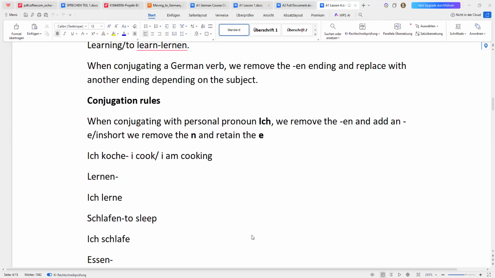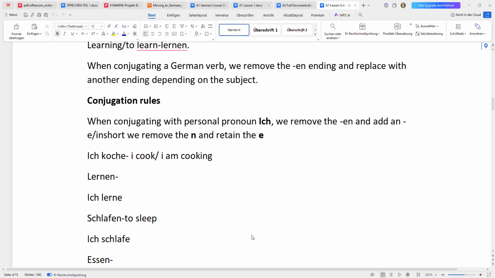So with the personal pronoun ich, we remove the en and you add an e. But the e is already there. So in short, always we just remove an n and you just retain that e. If I have the verb kochen, so I just say ich koche. When I say ich koche, it means I am cooking, and it can also mean I cook. It has two meanings in English.